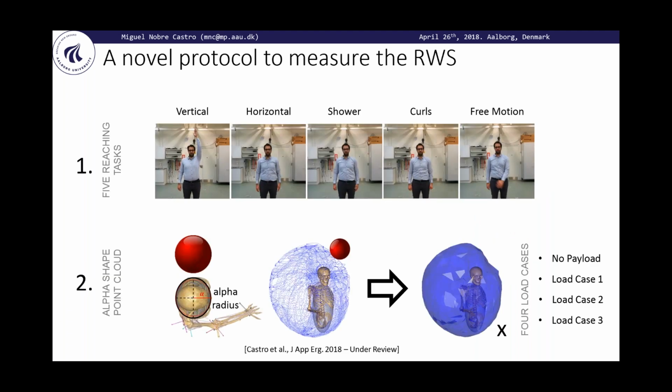There are a lot of different protocols in the literature for assessing this so-called reachable workspace. The most important thing is to get the volume, and it's also a really good metric to check whether a given device, for instance, is working along with the human subject in a workplace environment, so to speak.